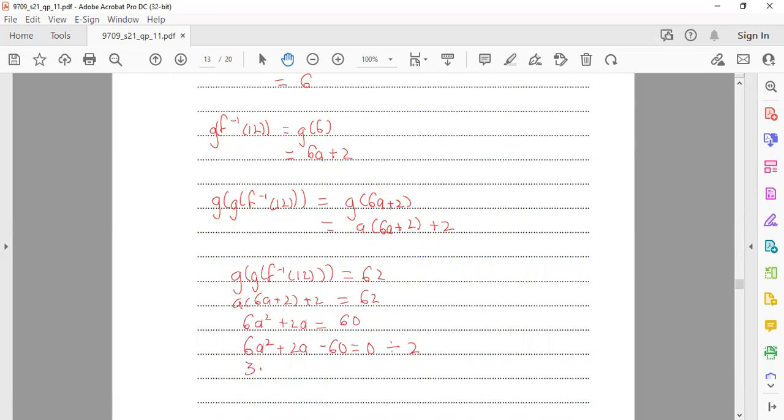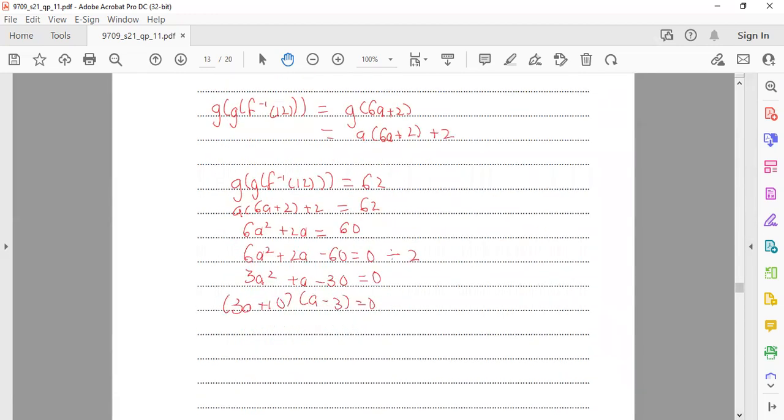So 3a squared plus a minus 30 is equal to 0. Here we can factorize. So 3a plus 10 into a minus 3 is equal to 0. And finally, it's either a is equal to minus 10 over 3 or a is equal to 3.